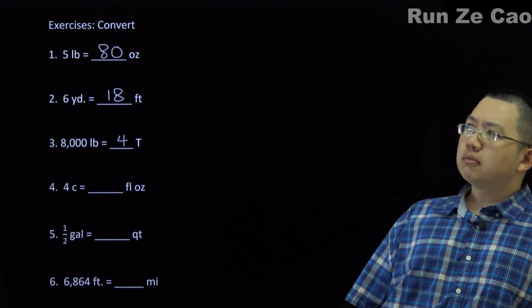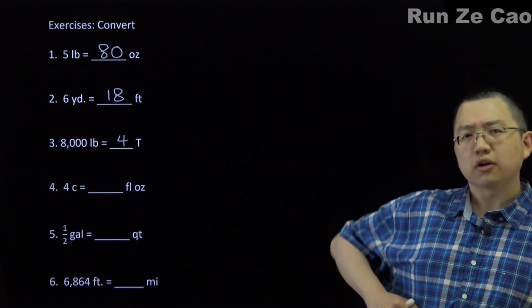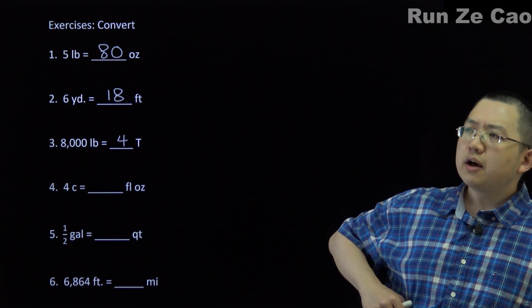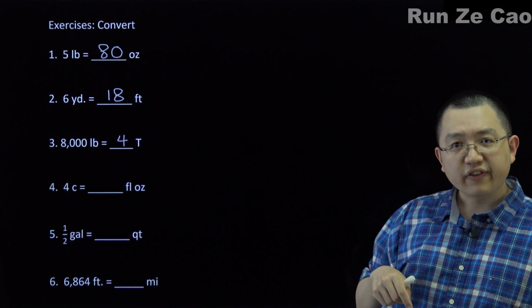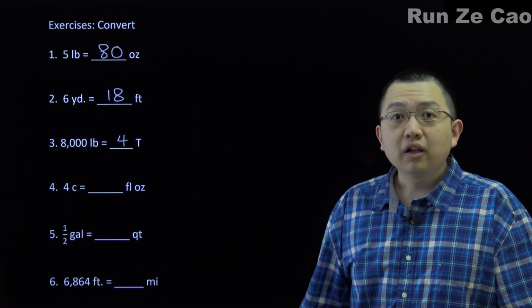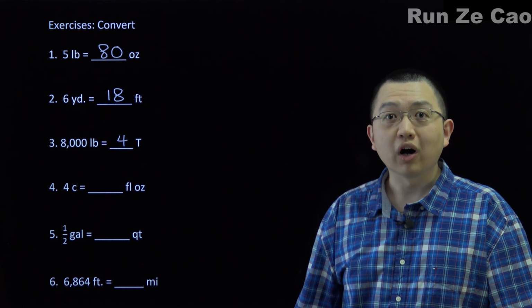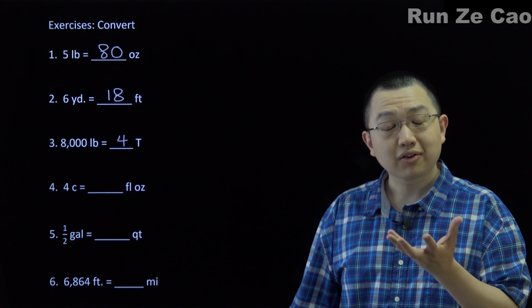Okay, then that means a quart is a little bit under a liter. Well, then a pint would be a little bit under half a liter. Hey, what's a little bit under half a liter of water?